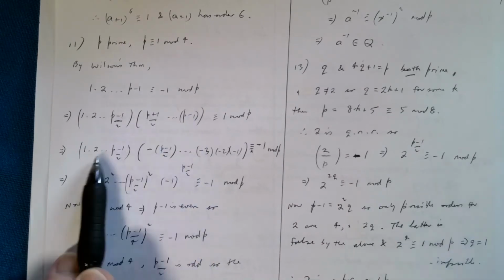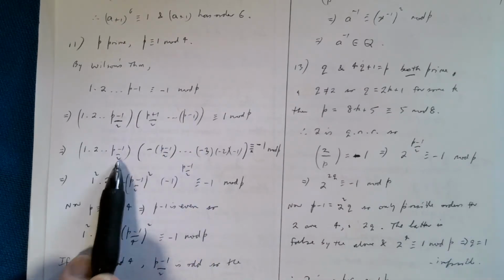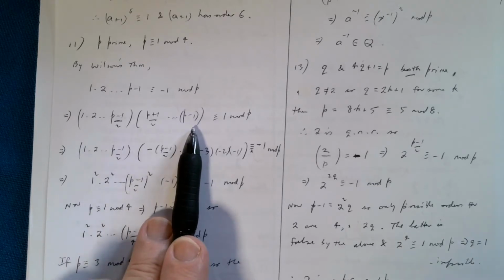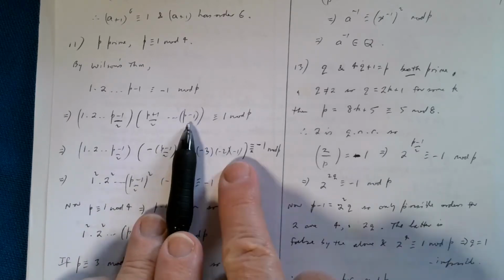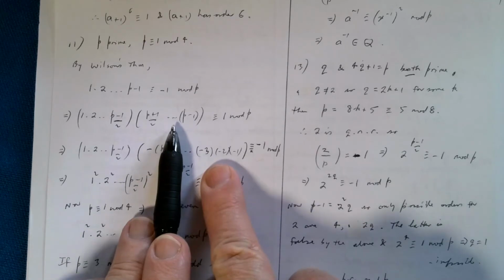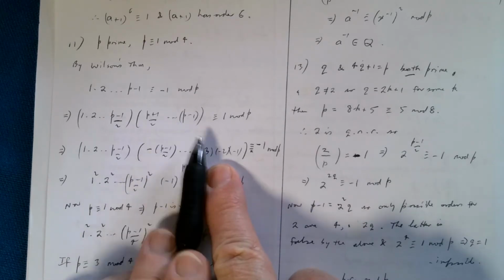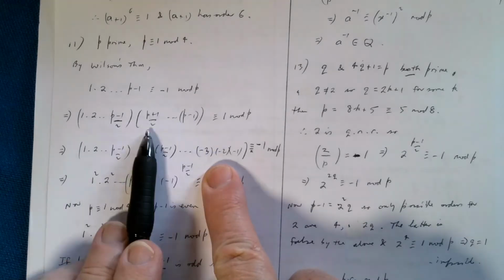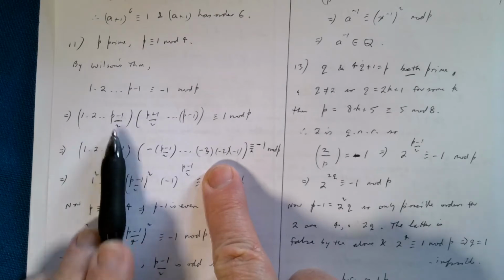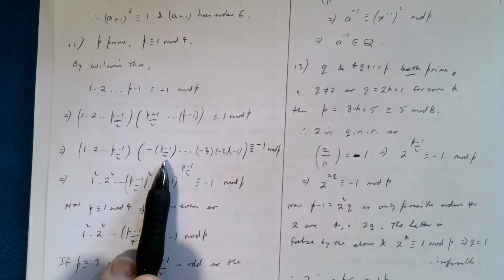It's easiest to read from this end backwards. So p minus 1 is minus 1 mod p, p minus 2 is minus 2 mod p, and (p plus 1)/2, which is p minus (p minus 1)/2, is minus that modulo p.